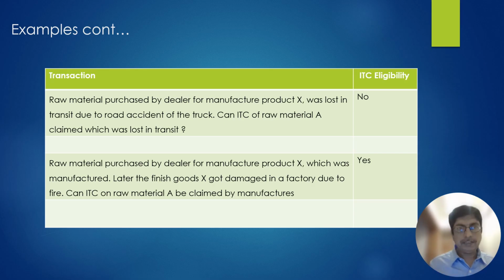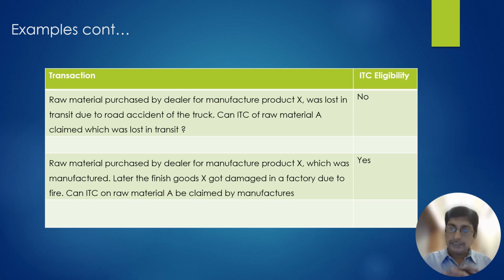Okay, then let's take another example. Raw material A is purchased. It is used in the manufacturing process and product X is manufactured. Product X is destroyed due to fire or rain in the factory. Whether the GST credit is available on raw material A, which was purchased and used in manufacture, when the final product X was lost?